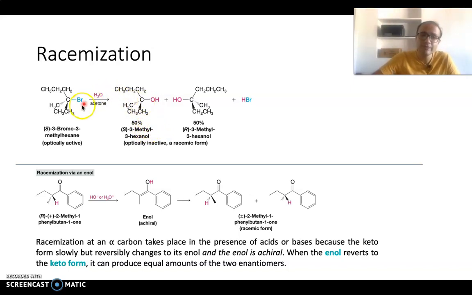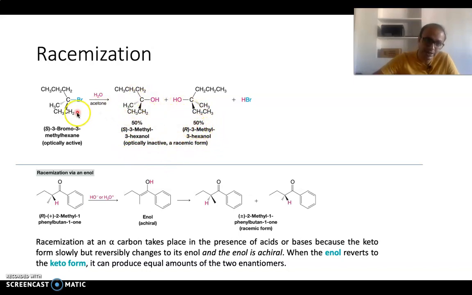So when you have an SN1 mechanism, you know what happens initially. The leaving group leaves and you have a carbocation generated, and this carbocation is sp2 hybridized, so it is a planar structure. Once this planar carbocation is formed, the nucleophile, that is the water, can add from both sides of the plane, and therefore you can have the formation of both the alcohol enantiomers in this particular case.